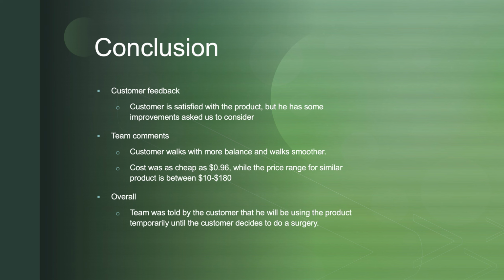And since we're engineers, we also care about the cost, and the cost was as cheap as 96 cents only, while the price range for similar products based on our research ranged from $10 all the way up to $180. Overall, we were told by the client that he will be using the product temporarily until he decides to have surgery, which he said will be in a couple of years, so he can use our product for, I would call it, the long term.